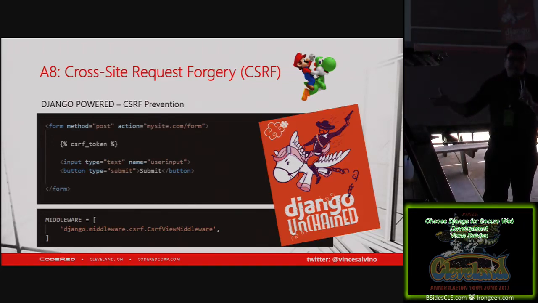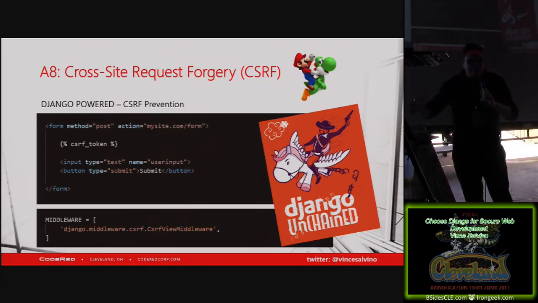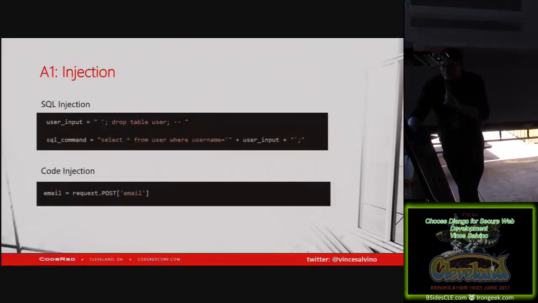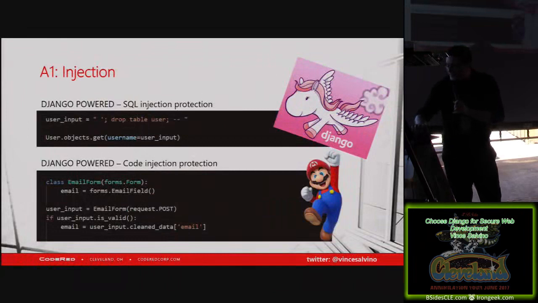There's a middleware that handles that, CSRF middleware. Once again, this is all on by default. So if you install Django and you start a project, you're going to have all this stuff. You're not going to be able to have a cross-site forgery vulnerability on your site because this is built in and turned on by default.